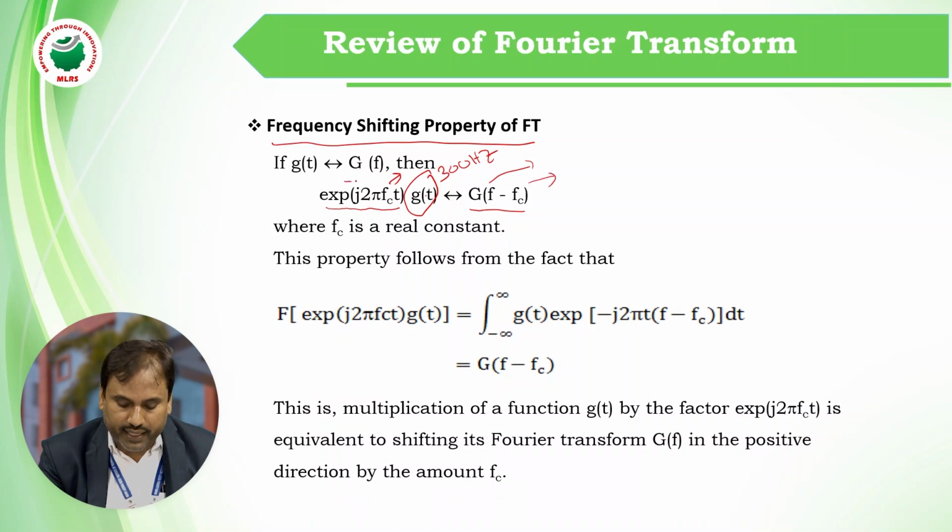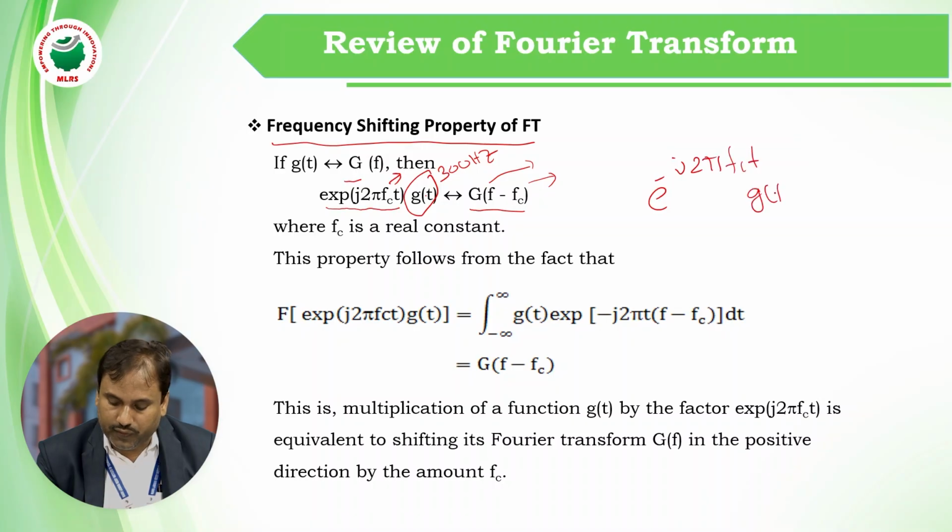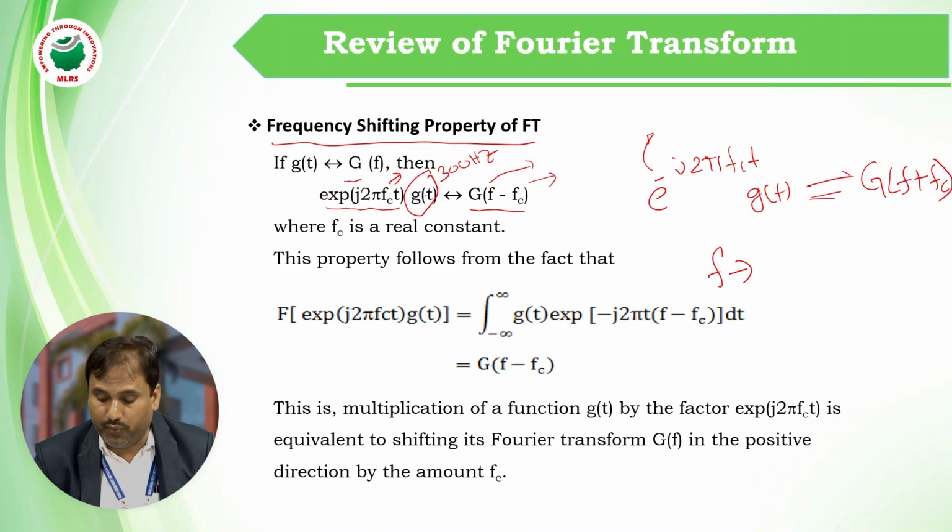If you take e power minus j 2 pi fct times g of t, the Fourier transform is G of f plus fc. So the original signal frequency is f, and after applying the frequency shifting property, the frequency is increased from f to fc.